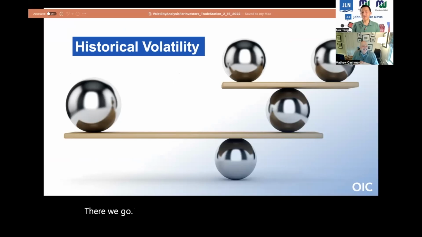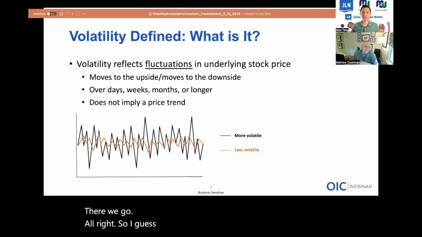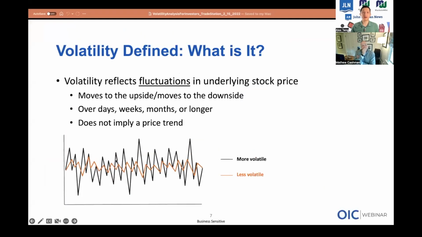All right. So as we dig into historical volatility, what is it? When we talk about historical volatility, what are we talking about? Yeah, it's really important to understand. These slides are meant to teach the idea of 2 different types of volatility. Volatility, when you use it as just a general big word, is really just referring to how much something is moving.